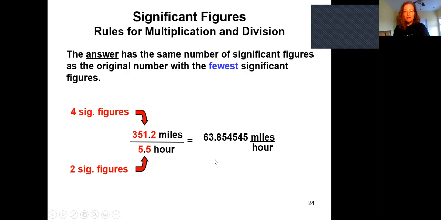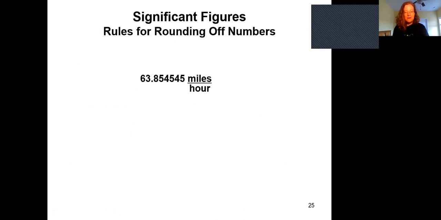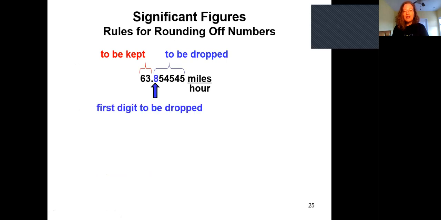Well, I keep the first number starting at the left, the 6 for sure. Then I need to take a look at the 3 that's next to it. I want the second digit, I want the 3, but will it stay at 3? Let's take a look. We're going to keep the first 2 numbers. We're going to drop the rest. But before we say goodbye to them, we need to look at the digit that's right next door to the 3.